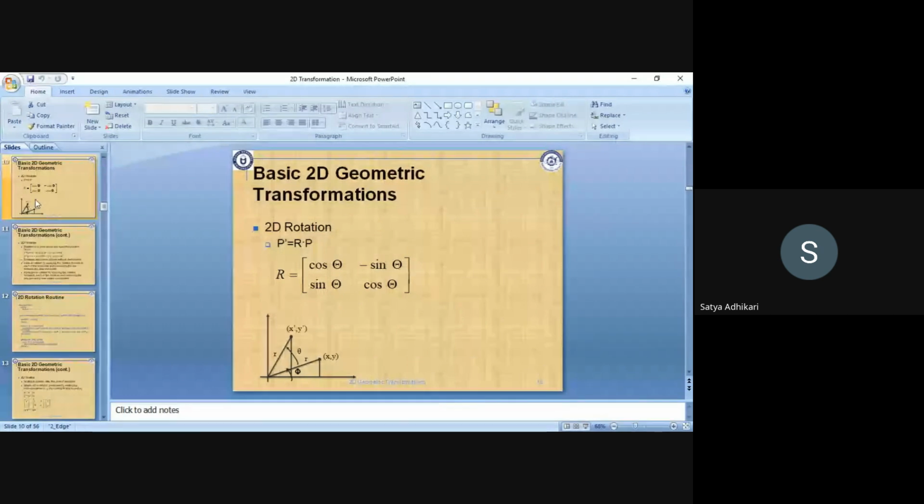You see the angle theta with respect to the origin. So this rotation is done with respect to the origin, so the pivot point here is the origin. But now we are going to discuss how to rotate an object with respect to any other pivot point, other than the origin. Let us see how.